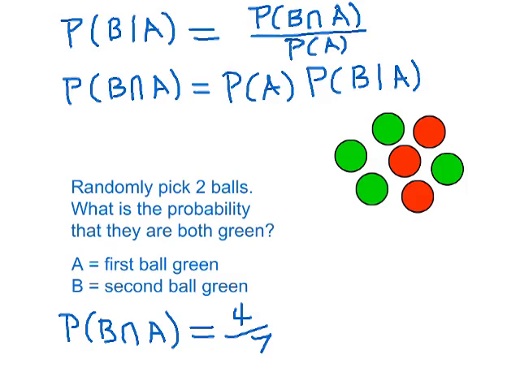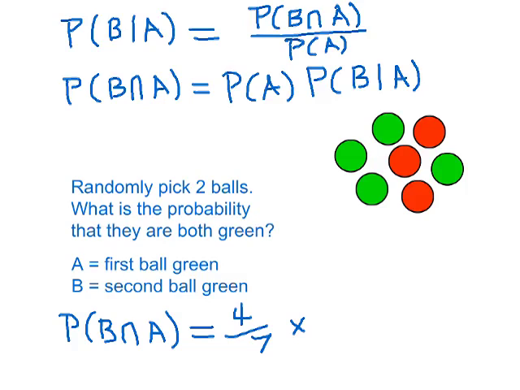And then that next term, that probability of B given A, in this example, B given A says what's the probability that the second ball is green if we know the first ball was green. Well, knowing the first ball was green means there's only 3 green balls left when you draw the second one. And there's 3 red balls also, so that's 3 green balls out of a total of 6 balls.